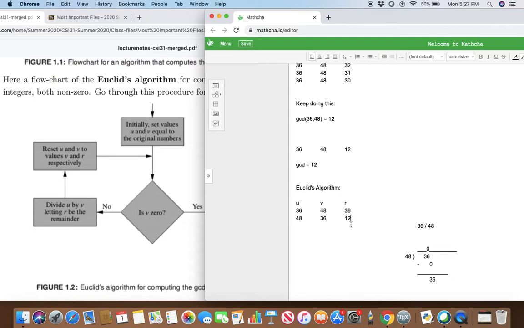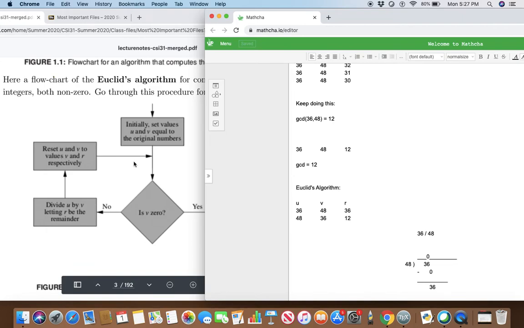And the remainder is the difference. Okay, so that's good. What's the next step? You did that. You come back. You go after doing this. Reset u and v. So now my new u is the old v and my new v is the old r.